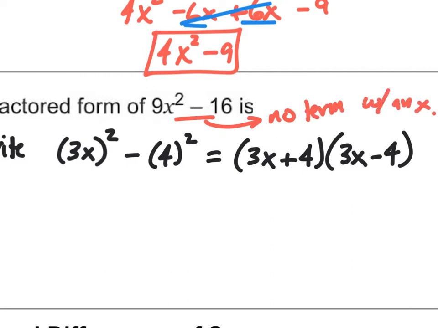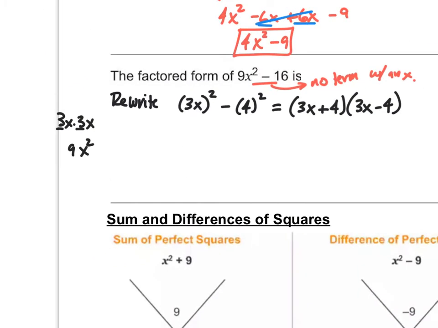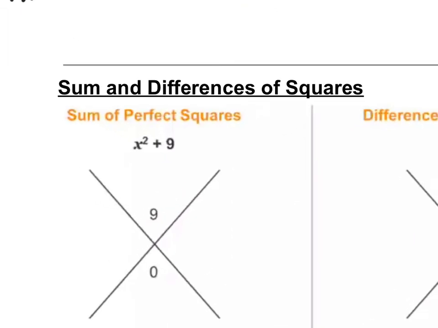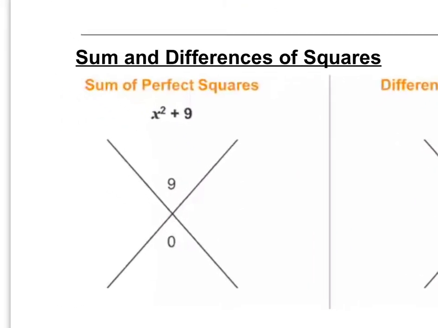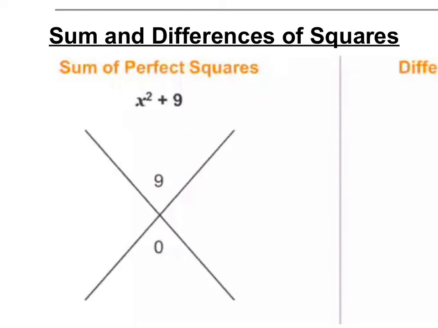I either have x squared or I don't have an x. So that's usually what tips me off that I can use this idea of conjugates and using the opposites to factor it. You can go through the other methods if you want. I don't care how you do it, just get it right, okay?